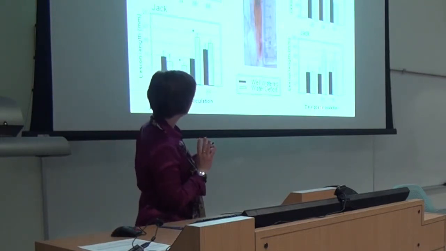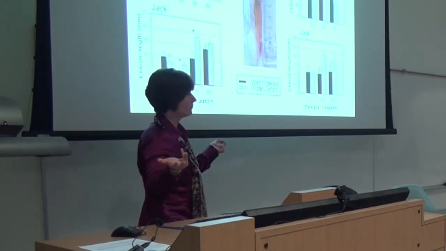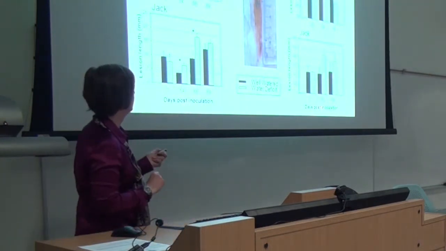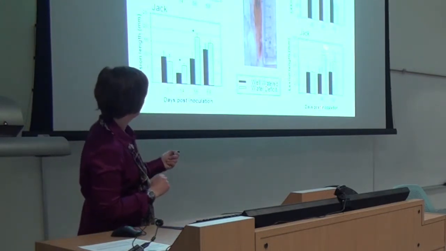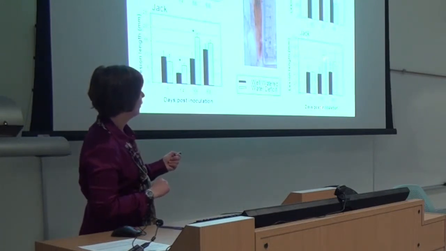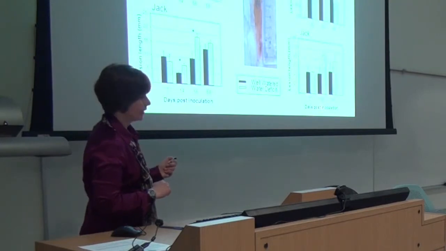But regardless, in those early days after inoculation, under well-water conditions, we have a rapid response. We have an attenuated response under the water deficit conditions. And again, in jack pine and water deficit conditions, showing more of a response, though it's not significant, those later days.